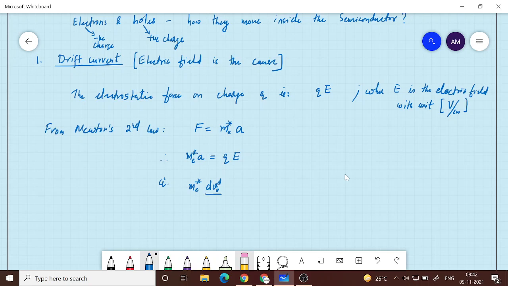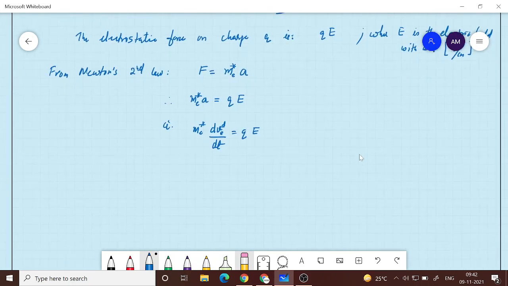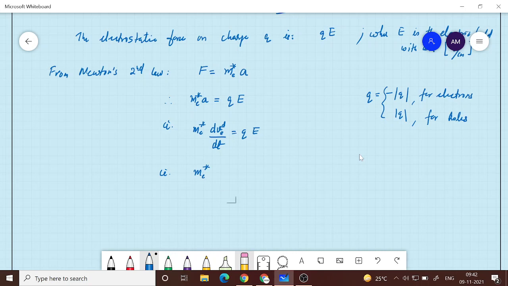So this divided by dt is equal to Q into E. Now, for this charge Q, I will define it like this: Q is equal to minus modulus of Q for electrons, and it is modulus of Q, to avoid confusion, for holes. Okay. Now let me take m star e to the other side.